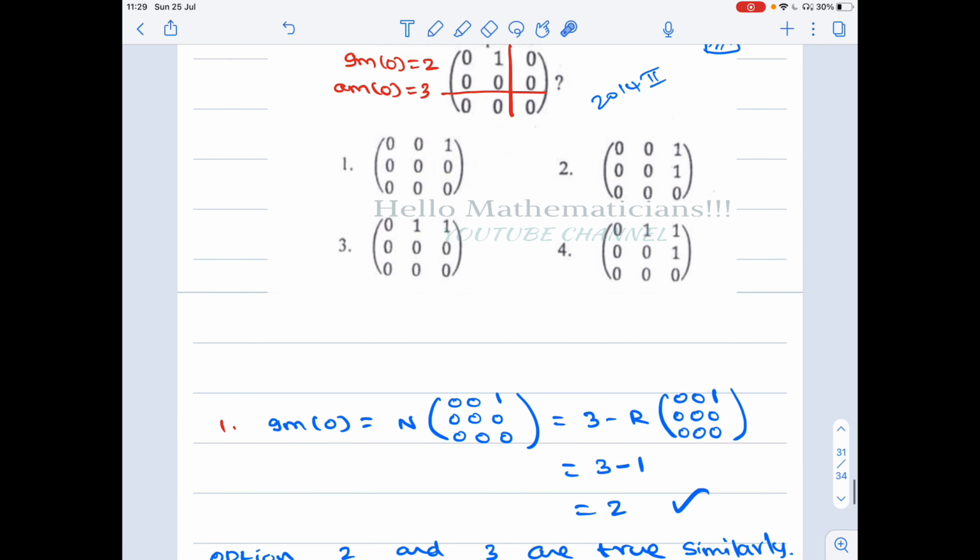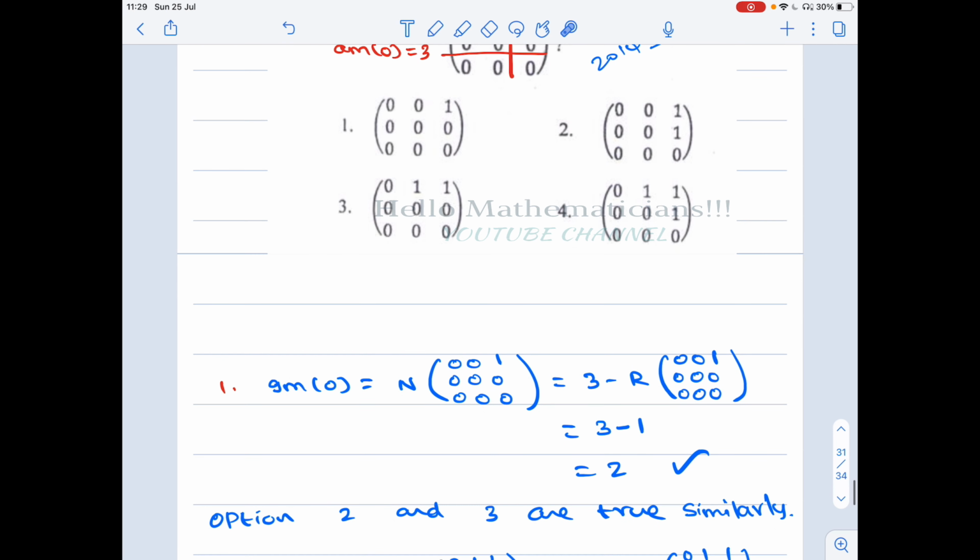Okay, so let's see. For the first matrix, we calculate the geometric multiplicity. Note that geometric multiplicity of the eigenvalue 0 is equal to the nullity of the matrix. Okay, why? If you look at the eigenspace corresponding to eigenvalue lambda, this is the set of all x belonging to R^n or C^n such that Ax equal to 0 times x, that is basically 0.